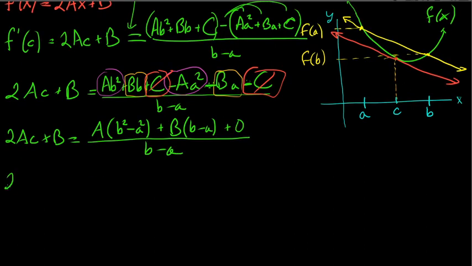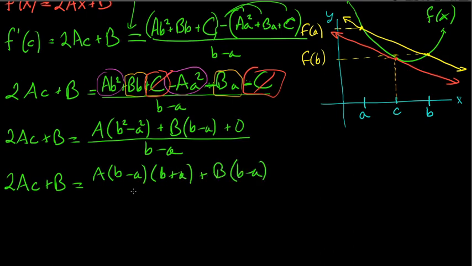All right. So the left side will stay the same for now. And look what I can do on the right side. I can factor b squared minus a squared as the difference of squares, b minus a times b plus a. And then capital B times b minus a, over b minus a.